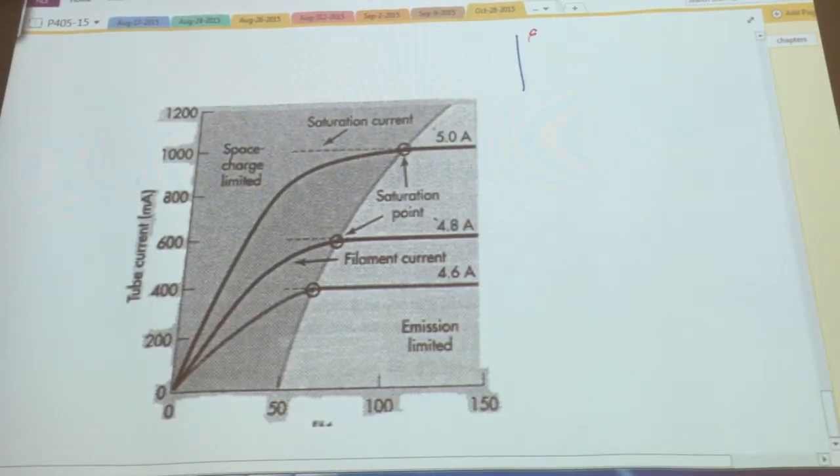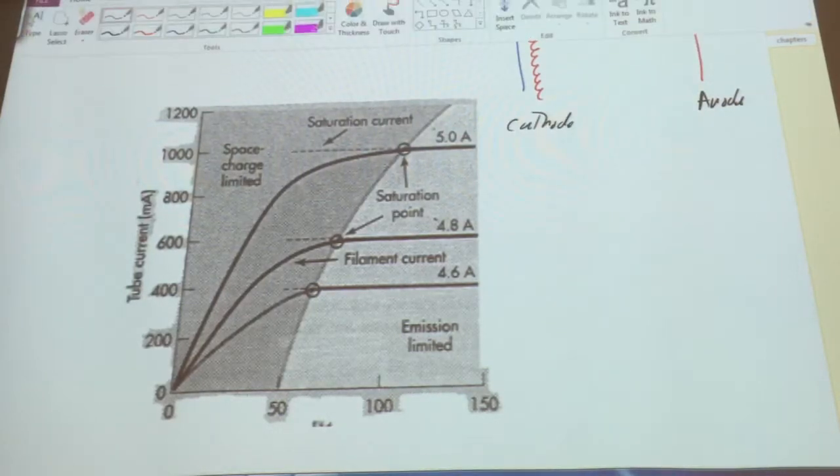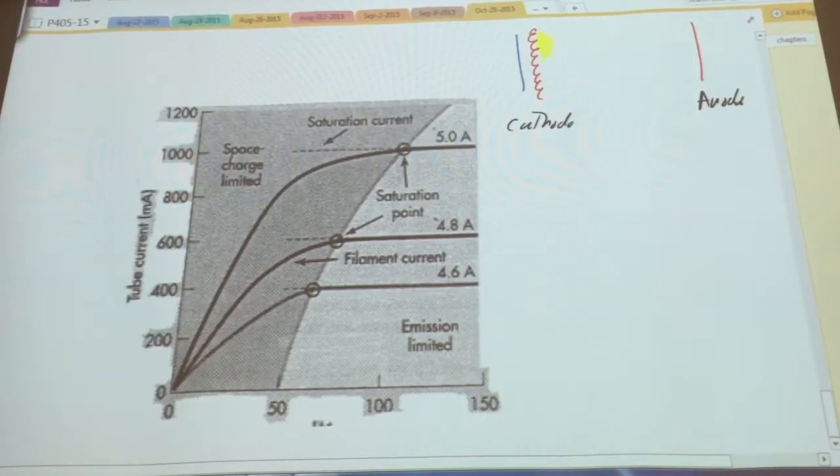Here's our filament, here's our anode, just exactly like that escalator analogy. That's pretty great actually. It just crowds up, and then because of all this negative charge, it can't escape because negative repels negative. So they're just kind of trapped there in their own cloud.